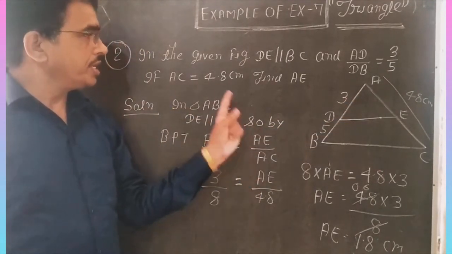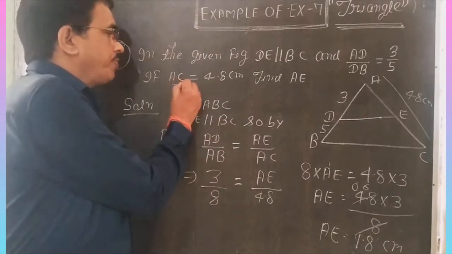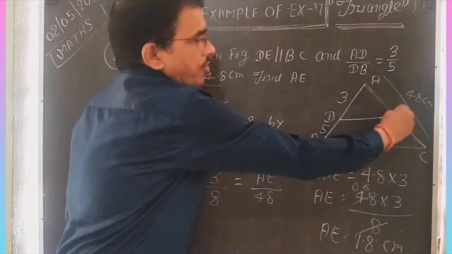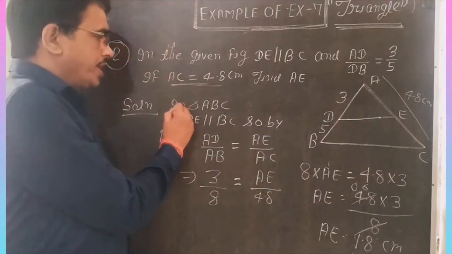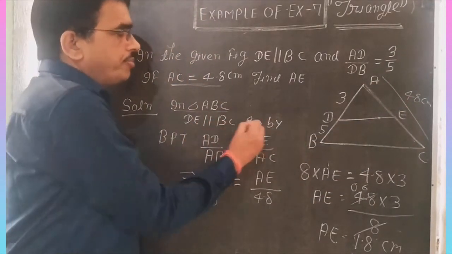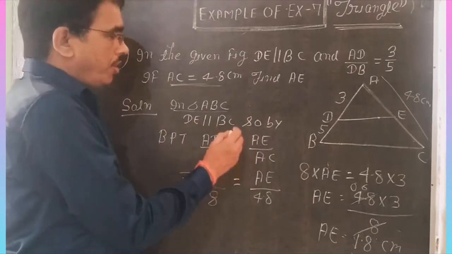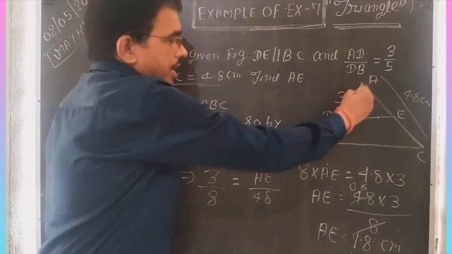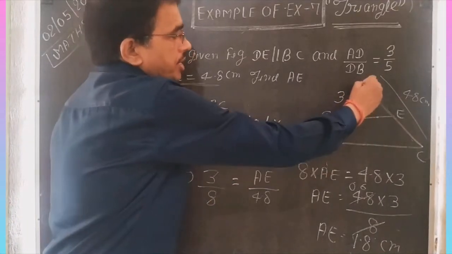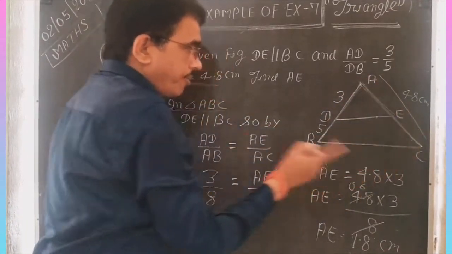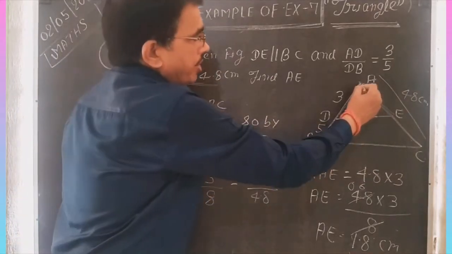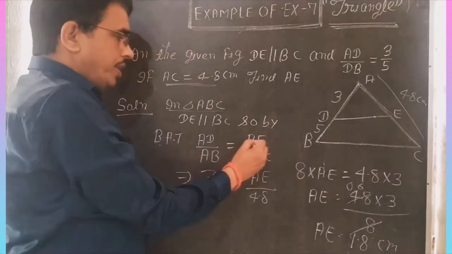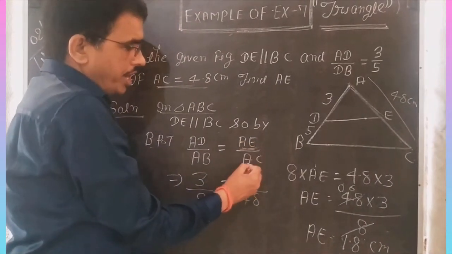So dear students, in this question AC is given, and you are asked to find a smaller part. So you take triangle ABC with DE parallel to BC. By Thales theorem or basic proportional theorem, you can write AD by AB is equal to AE by AC. Why? Because you have to find AE and AC is given.